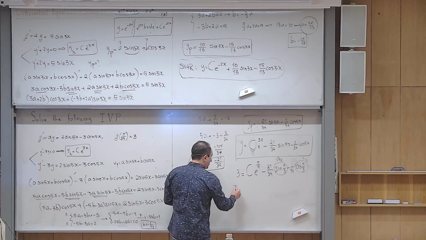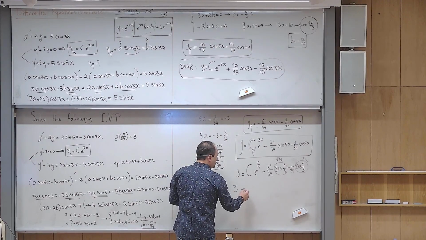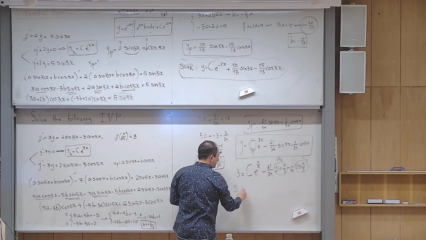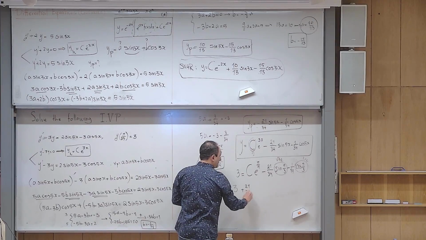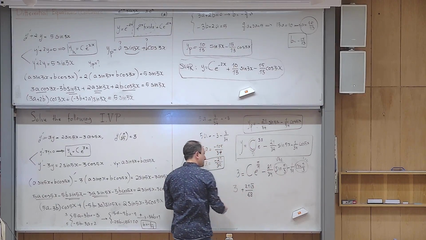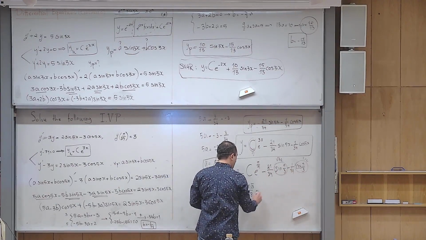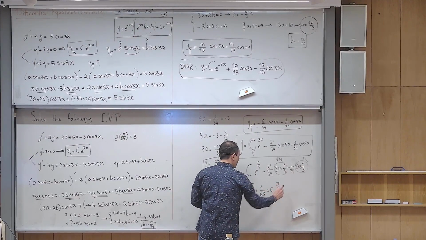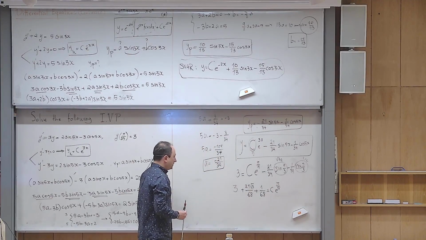So this means that 3 is equal to, if you don't mind, let me bring these two terms to the right-hand side. So it becomes positive 21 square root of 3 over 68. I multiplied these things and brought this to the left. I multiply, I bring it to the left, is equal to c e to the power of pi over 5. Okay?